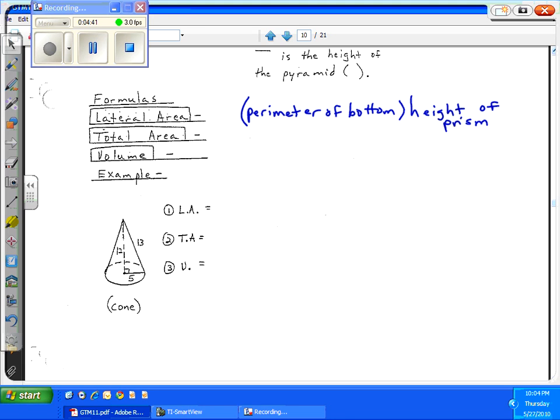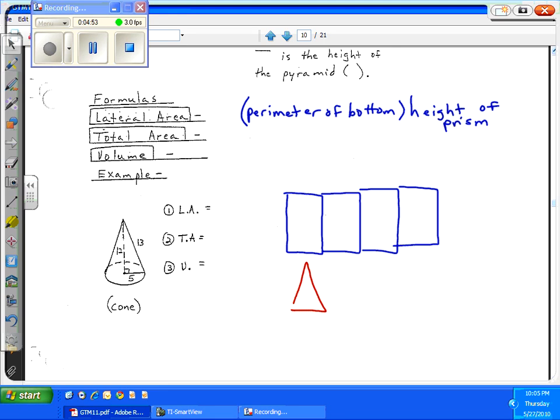Now, on a prism, if we were to fold it out, a square prism, then we had 4 sides that did this. But if we fold out a square pyramid, we would have that. Each of those triangles is half the area of what the rectangle would have been had it been a prism instead of a pyramid. So the lateral area of a pyramid is half the lateral area of a prism.